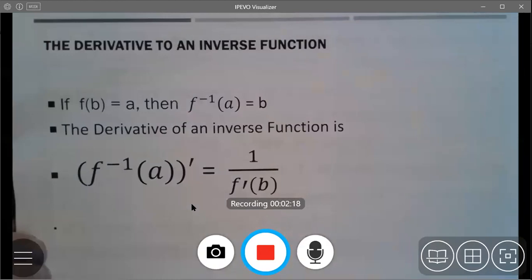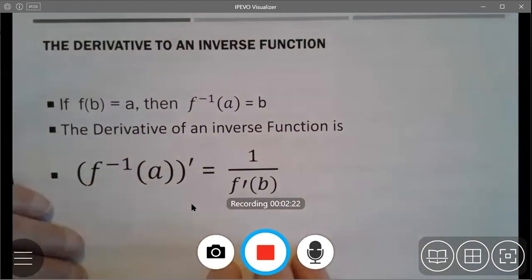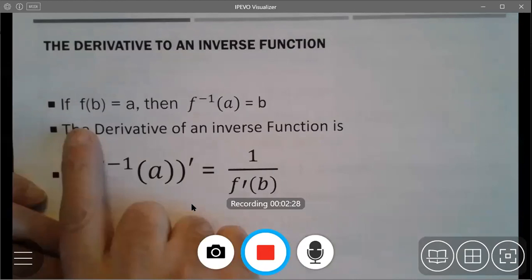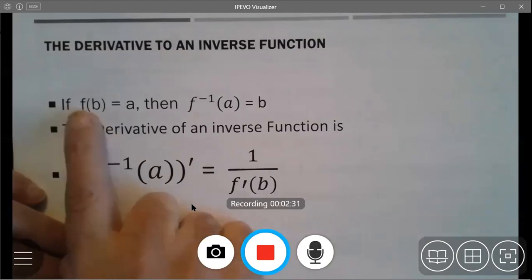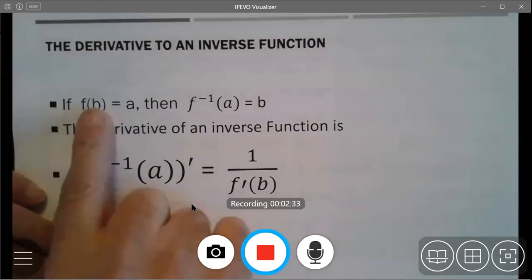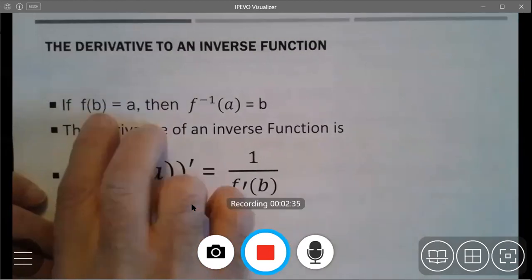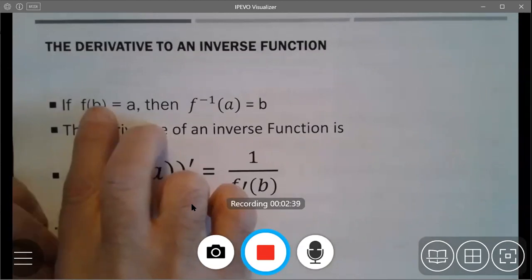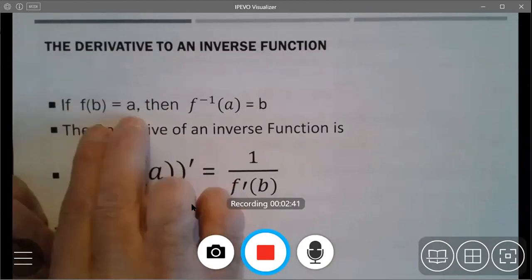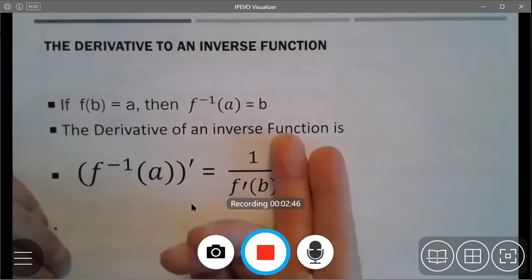I added a new slide to the presentation yesterday, so you want to write this down. If you have a B number going into the function, your answer will be A coming out. In the inverse, you can switch that.